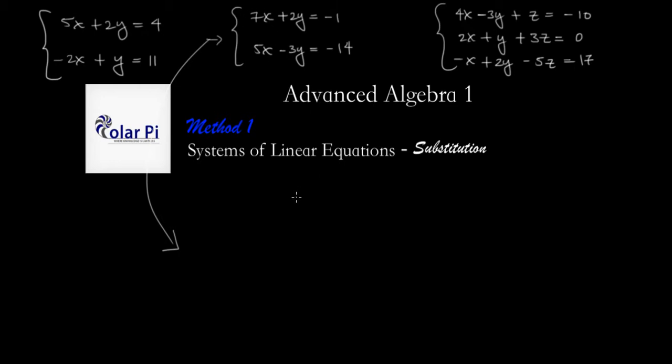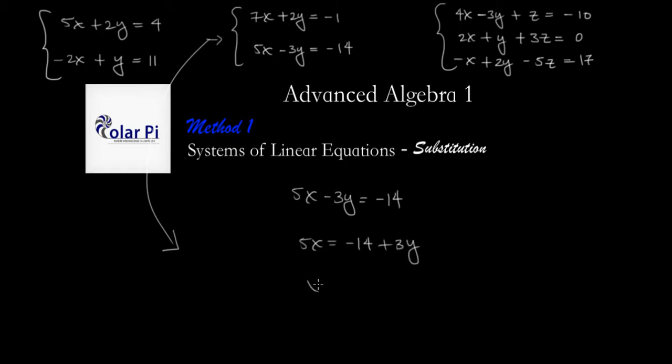So I'm going to choose the second equation and solve for x. We've got 5x minus 3y is equal to negative 14. And so 5x would have to equal negative 14 plus 3y, or 3y minus 14, whatever you like.